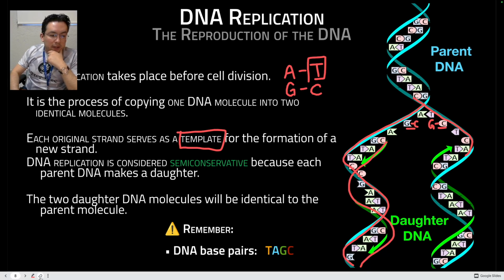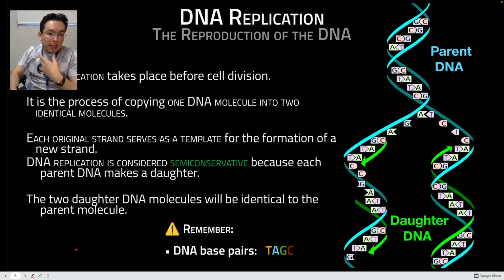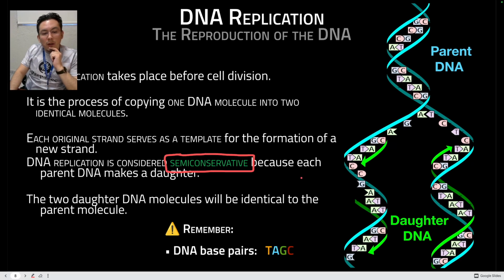And this characteristic, or this way of working, where we have an old strand being a template for the new strand, is called a semi-conservative process, or a semi-conservative formation of keeping the old information partially in there, but using it to create a new daughter cell, so we can have both daughter DNA molecules being created in here.